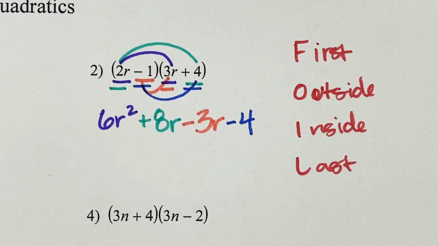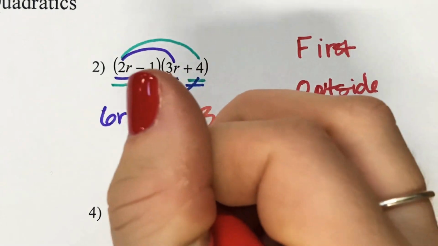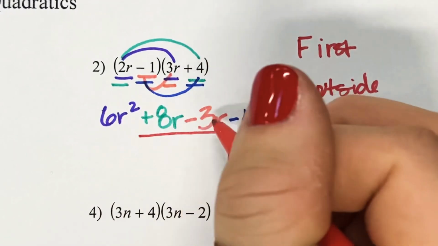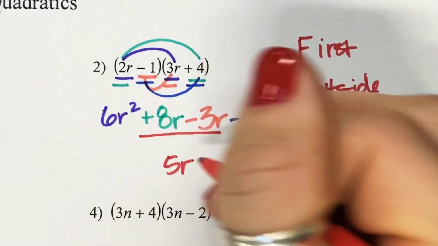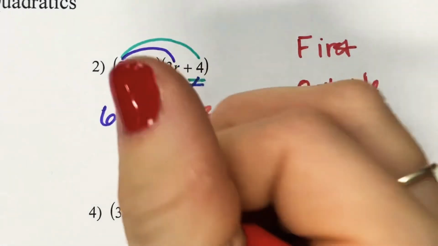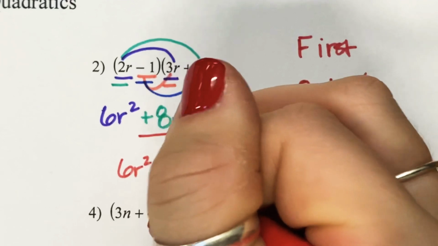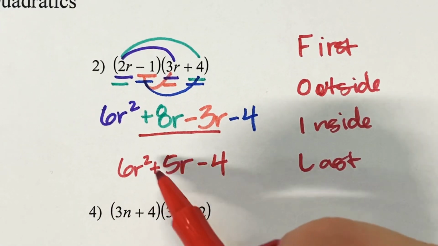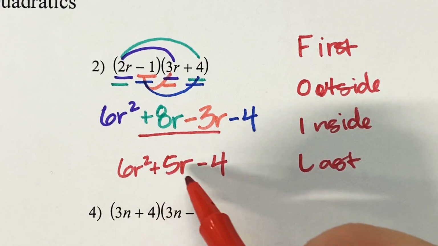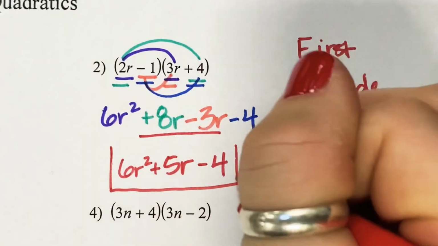Okay, very last step, we need to combine like terms. So we have 8r minus 3r. So what is 8 minus 3? It's going to give me 5r in the middle, minus 4 on the end, 6r squared in the front. Okay, make sure you put that positive because it's a positive 5r. And there's our answer.